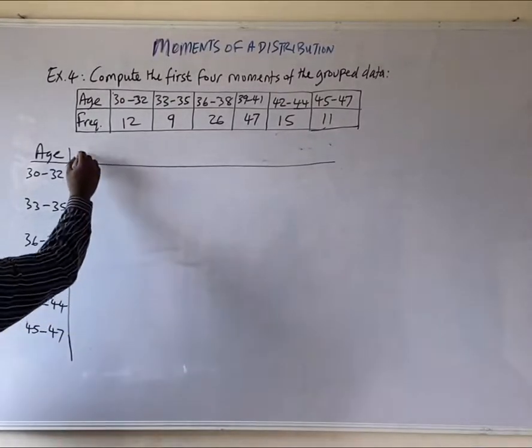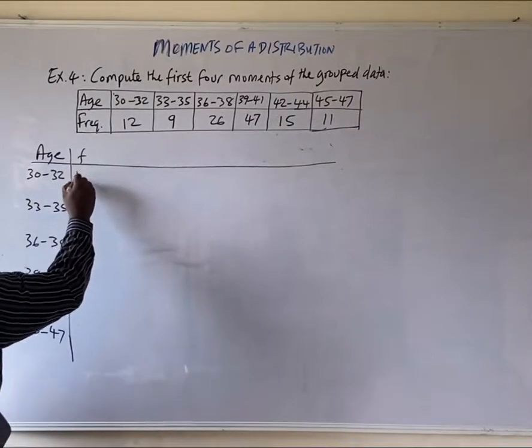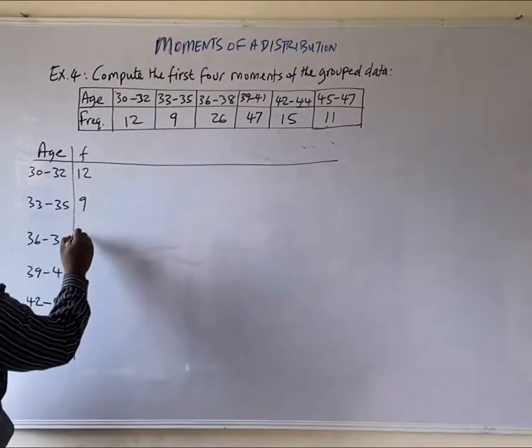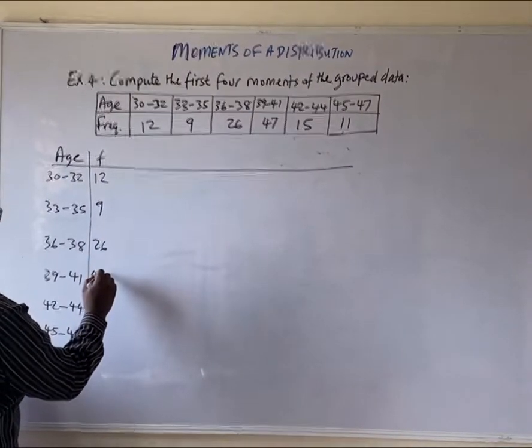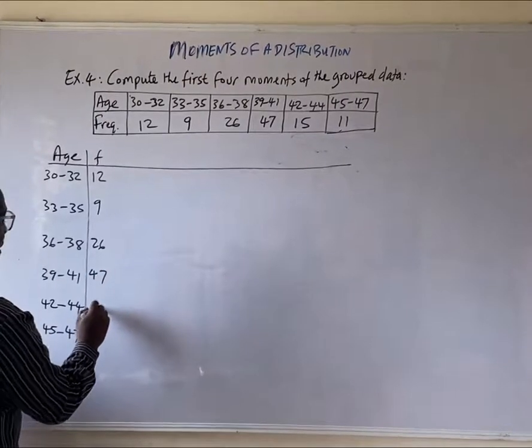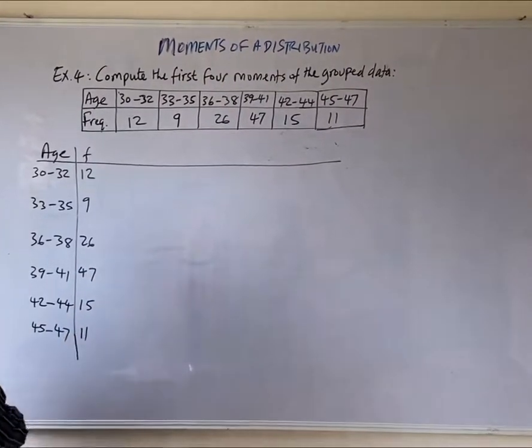We now write our frequency, giving us 12, 9, 26, 40, 7, 15, and 11.